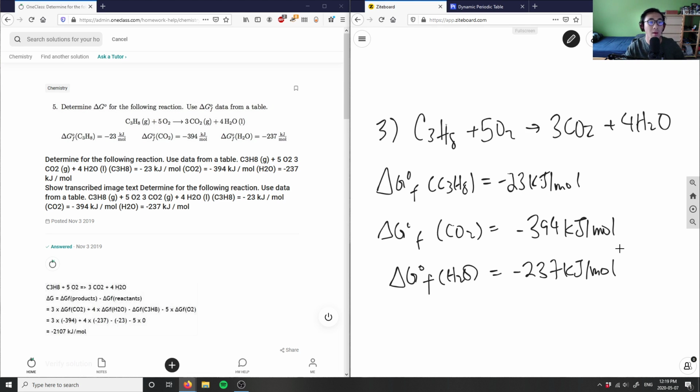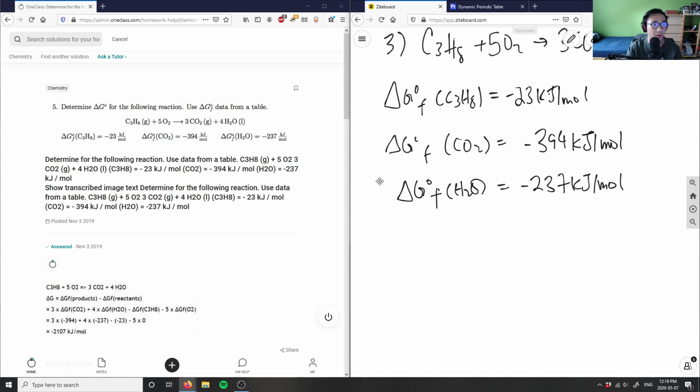So that's what's given for the following reaction. What are we determining? We're determining the delta G for the following reaction here. So let's do this problem. We know that delta G naught of this reaction, you could think of this problem as kind of like Hess's law, right? Where Hess's law states that the enthalpy change of the reaction is simply the energy change of the products minus the enthalpy change of the reactants, right?